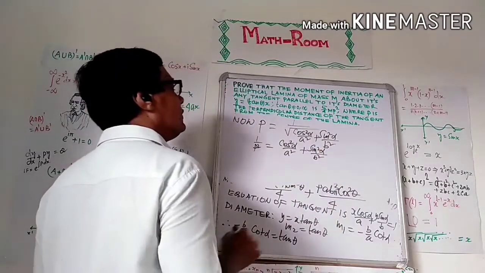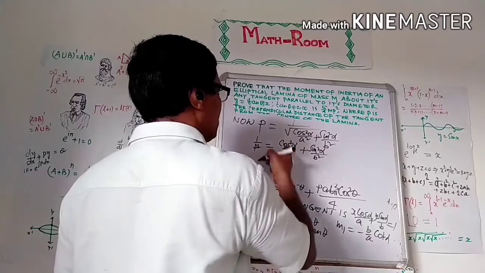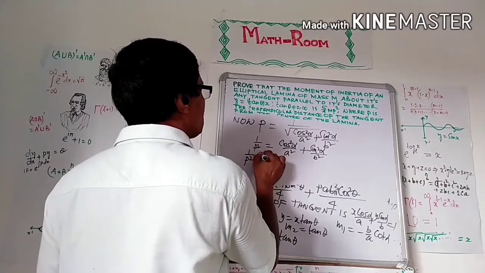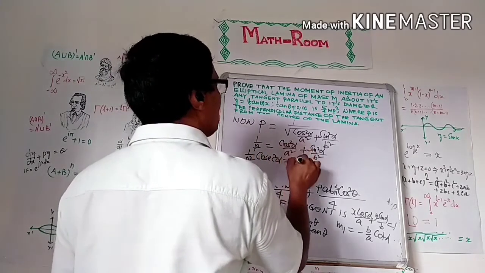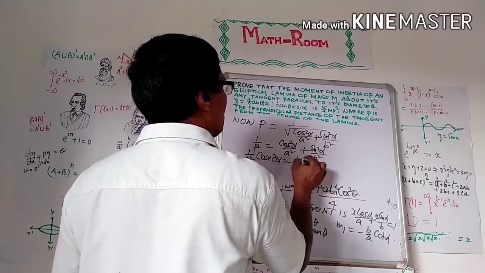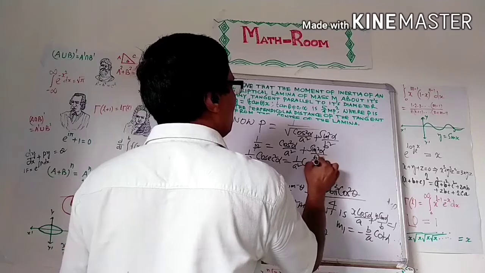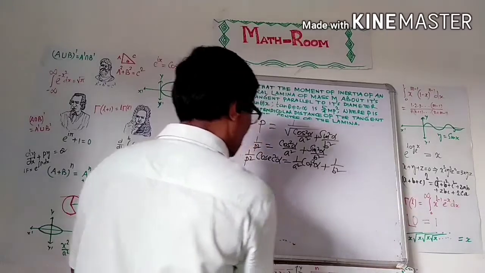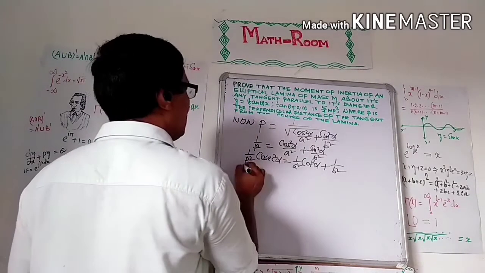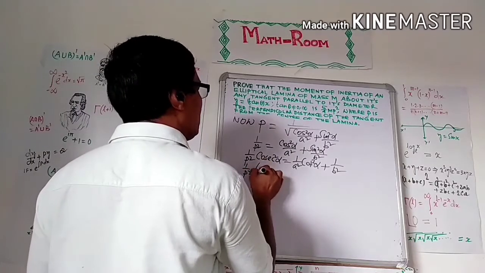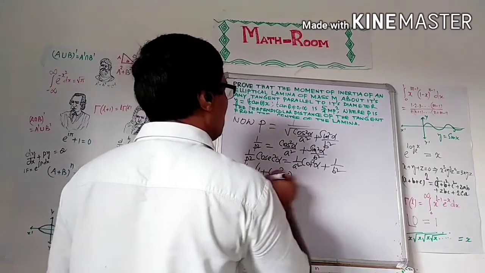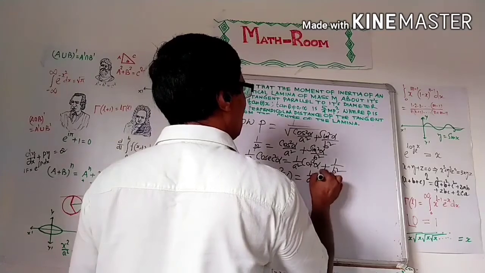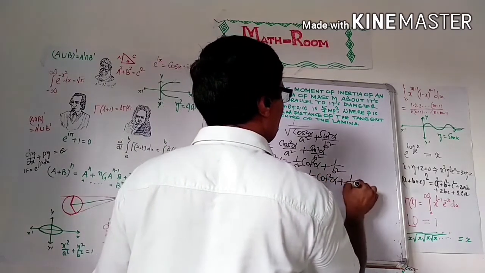If we divide the right hand side and left hand side by sin square alpha, we get 1 over p square cosec square alpha equal to cot square alpha over a square plus 1 over b square. So 1 over p square times 1 plus cot square alpha equals cot square alpha over a square plus 1 over b square.